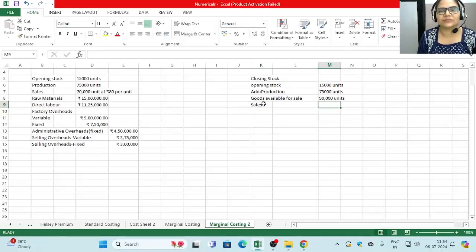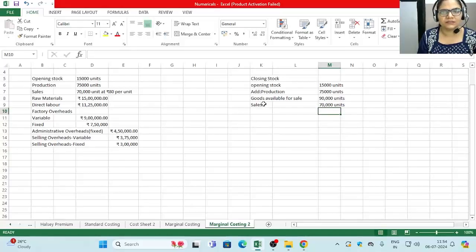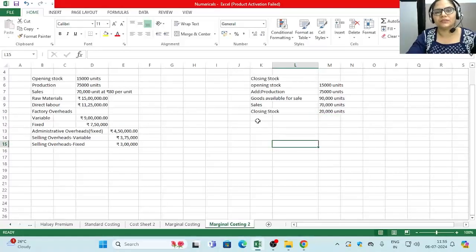90,000 we have actually sold 70,000 units. Now this is our closing stock, which is 20,000 units.